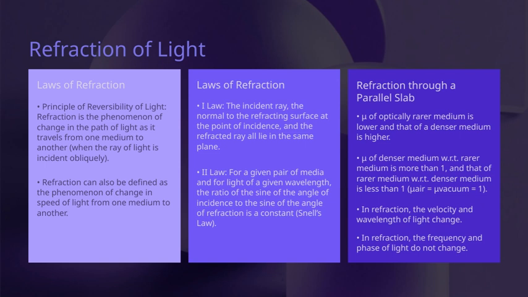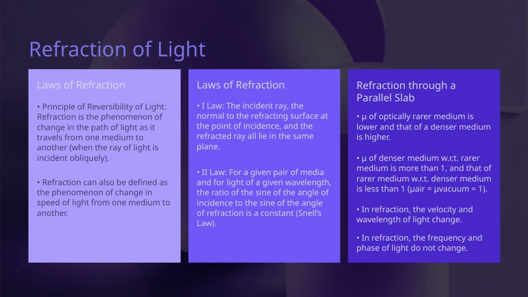For instance, the refractive index of air is approximately 1, which is the same as vacuum, meaning they don't significantly alter the speed of light. Optically, a rarer medium has a lower mu, and a denser medium has a higher mu. This difference in mu explains why light bends toward the normal when passing into a denser medium.